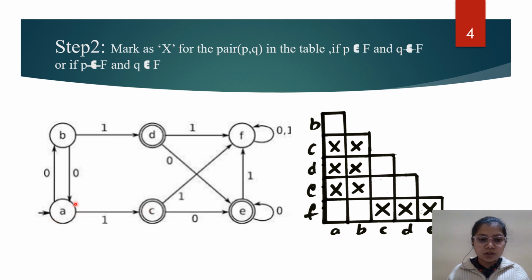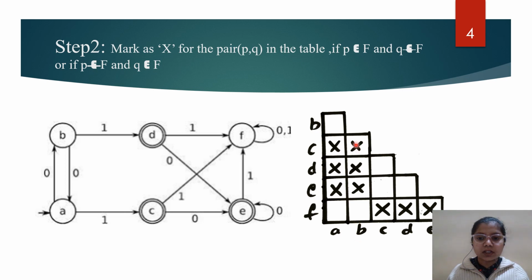A does not belong to the final state, whereas D belongs to the final state, so AD is marked. Next is AE. A does not belong to the final state, whereas E belongs to the final state, so AE is marked. Next is AF. A does not belong to the final state, and F also does not belong to the final state, so AF is not marked.